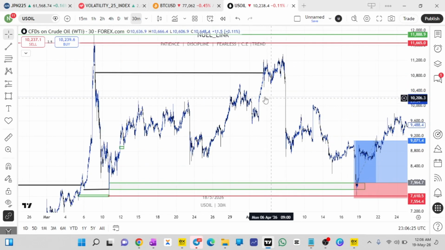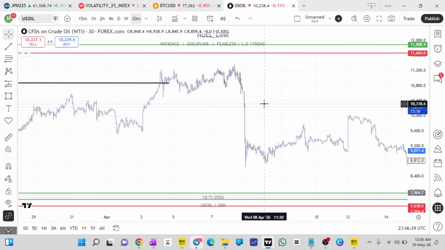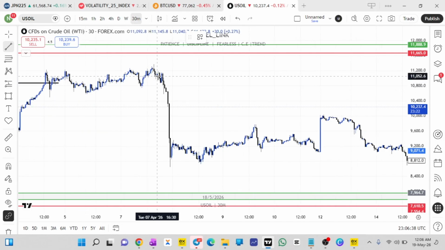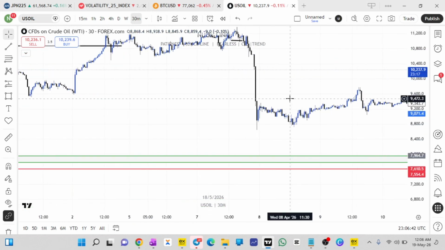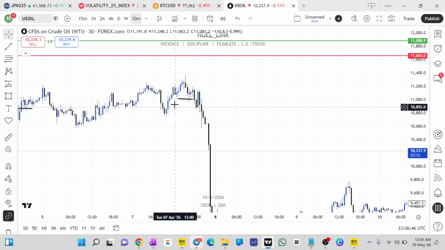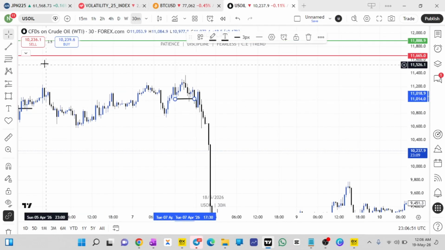Now, this first trade, my TP was, I think I had two TP zones. I want to show you guys where.